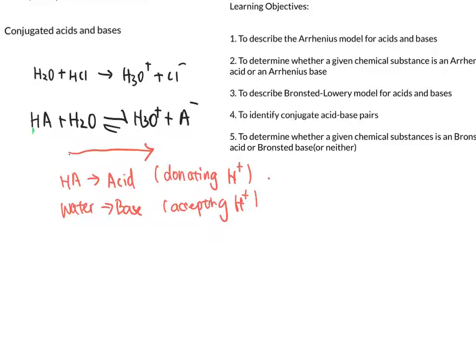But there is also a backward reaction between the H3O plus ion and the A minus ion. The H3O plus is an acid because it is donating a proton to the A minus ion.